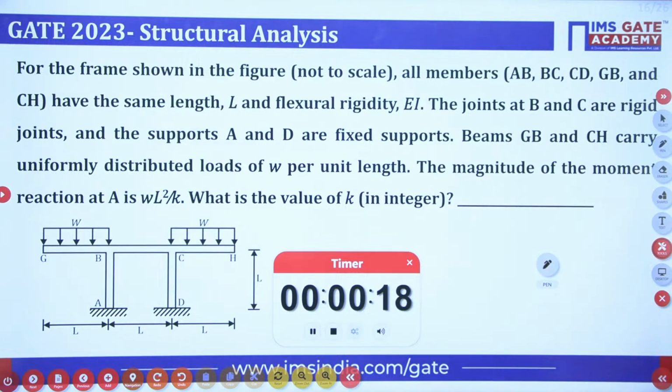Keep commenting your answer in the chat box. It's a very good question asked this year for GATE 23.